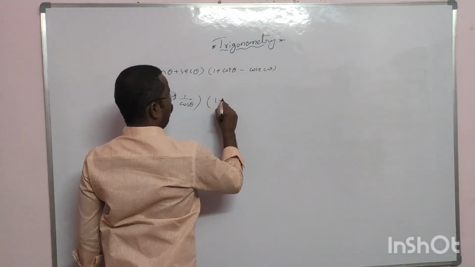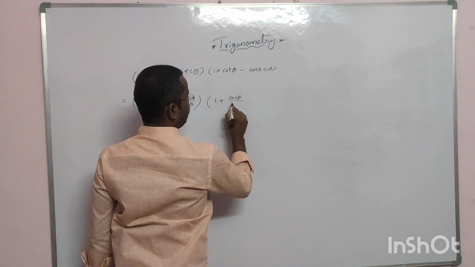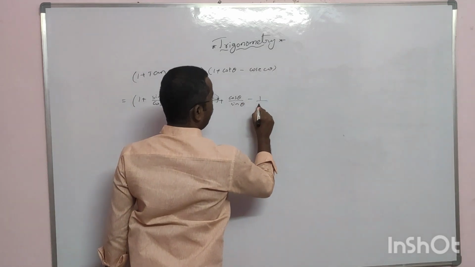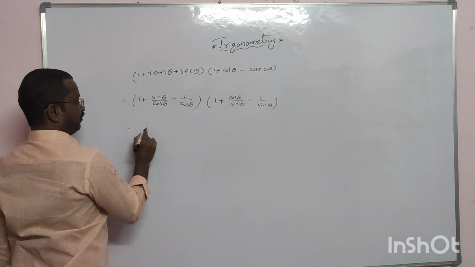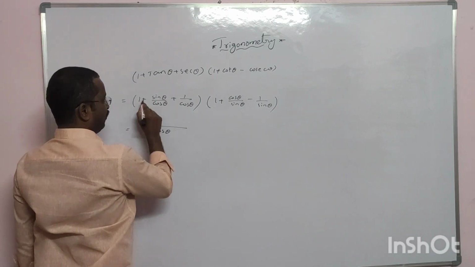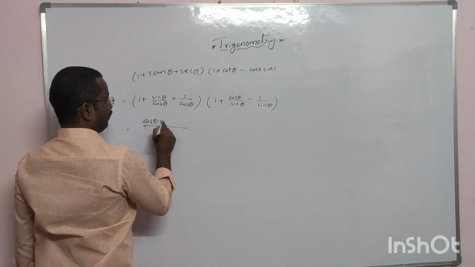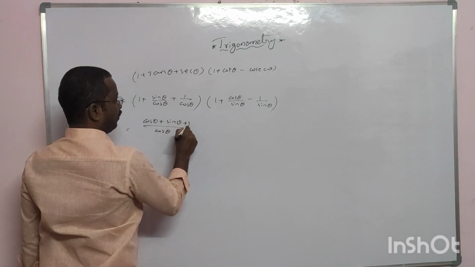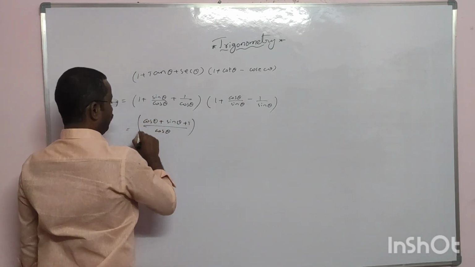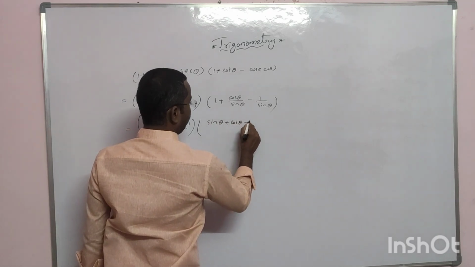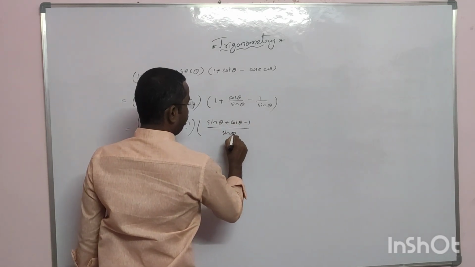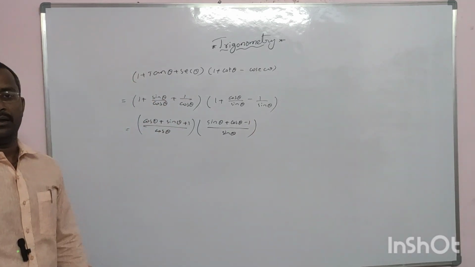And here 1 plus cot theta means cos theta by sin theta, minus 1 by sin theta. You take the LCM as cos theta in the first part, so that cos theta plus sin theta plus 1, into sin theta plus cos theta minus 1 by sin theta.